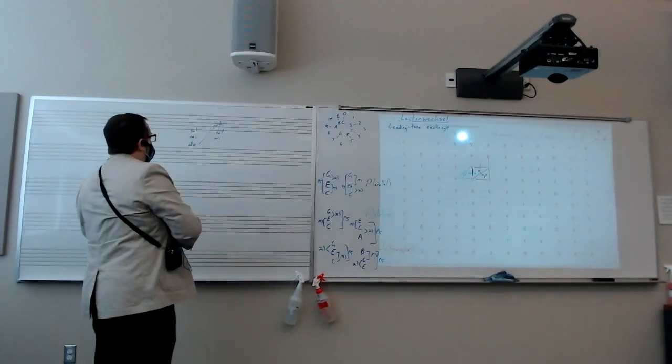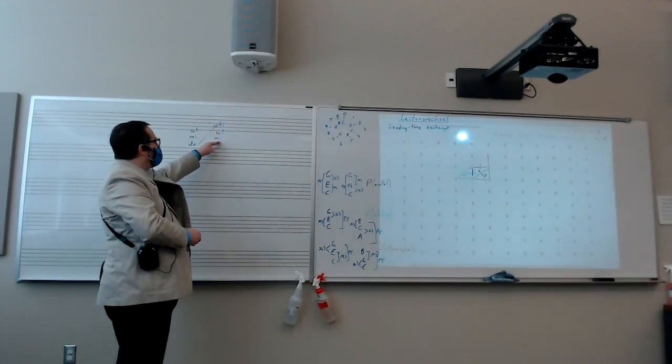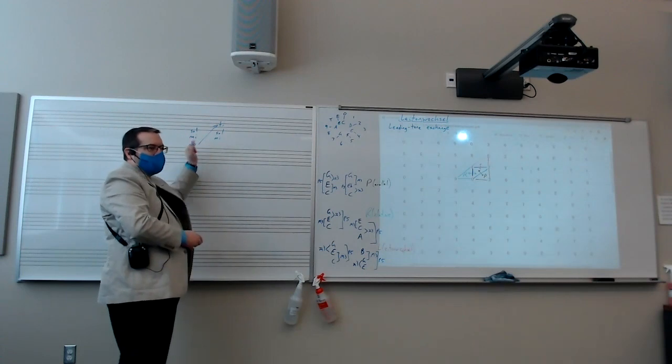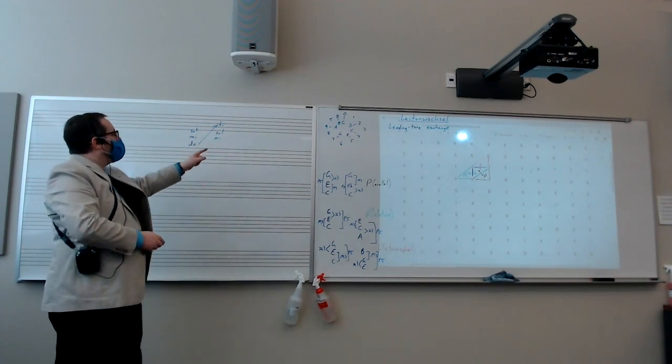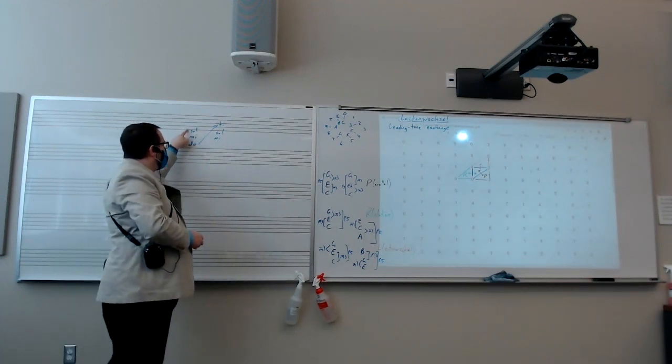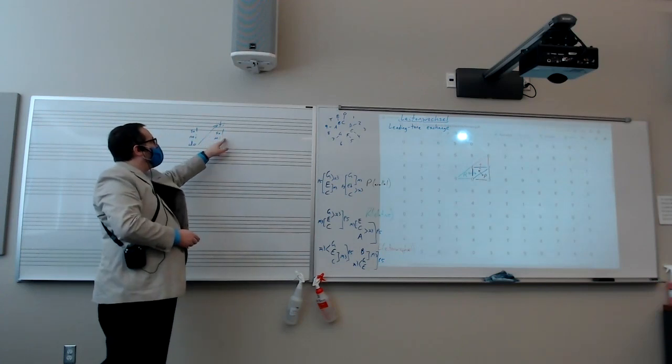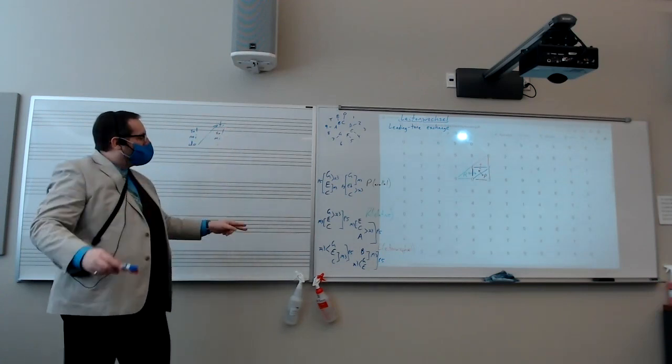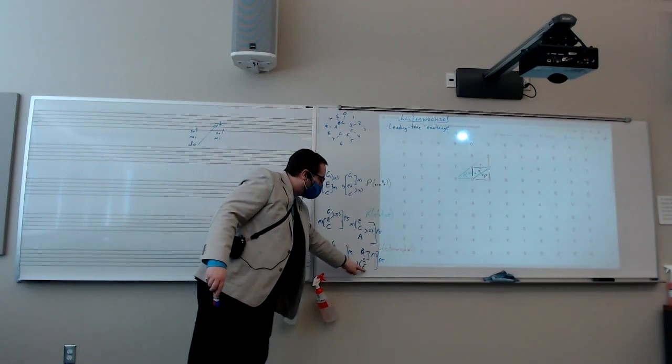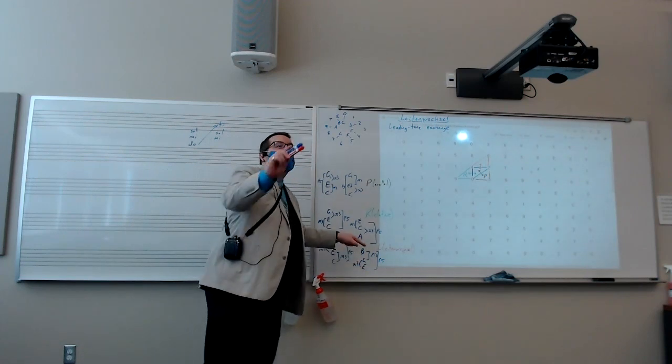Thinking about it from minor, however, let's look at what happens when I go from minor back to major. I'm not going to think of this in terms of major do, mi, sol, ti. I'm going to think of this in terms of E minor now. So I'm going to call this do, mi, and sol.